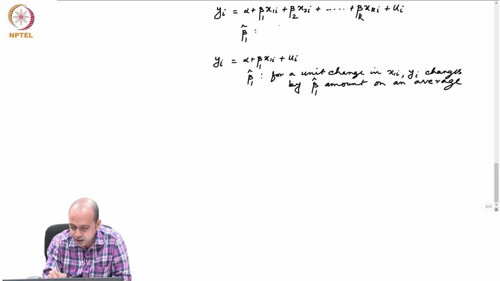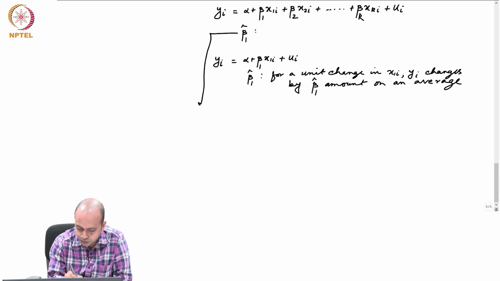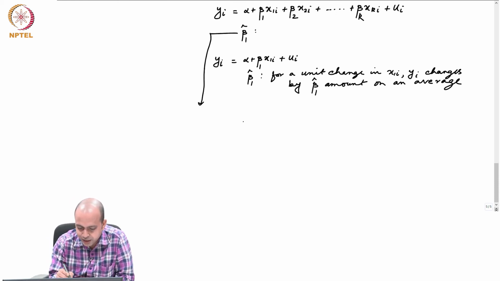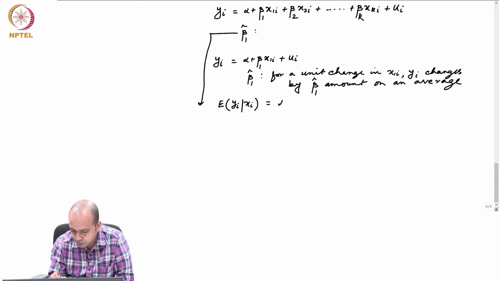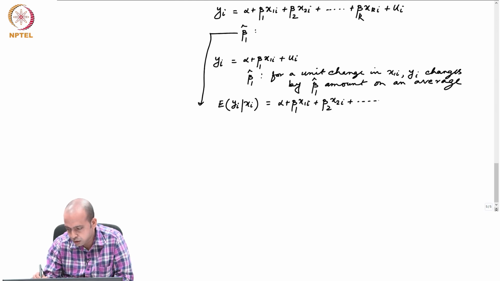So, if you take expectation of yi given xi, that would become alpha plus beta 1 x1i plus beta 2 x2i plus ... plus beta k xki, after expectation.